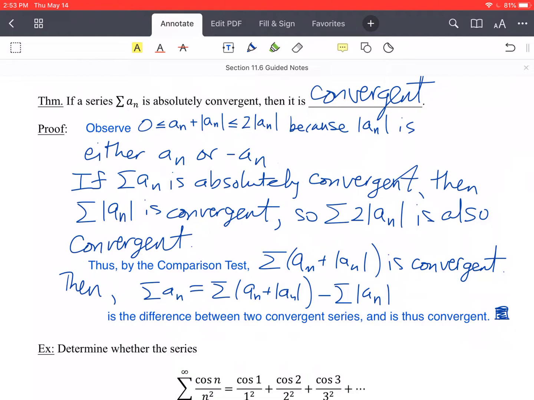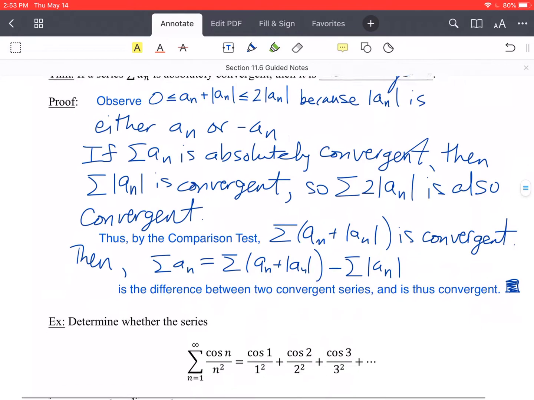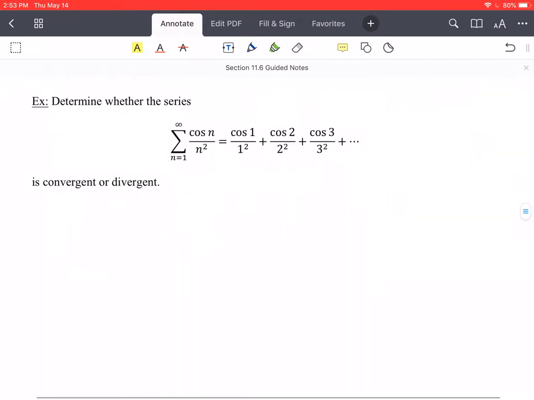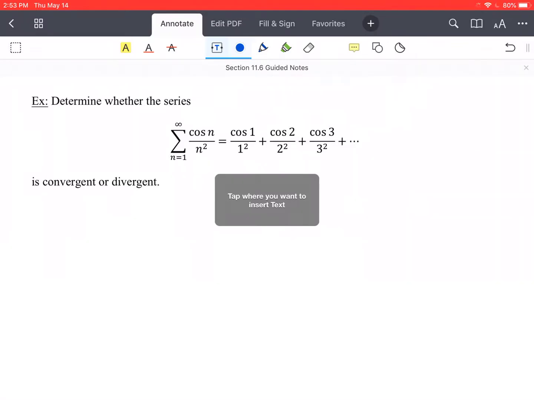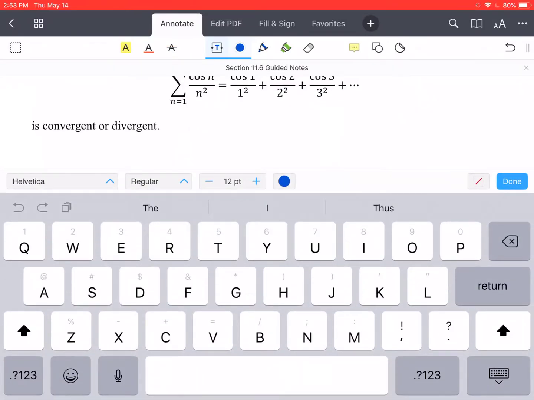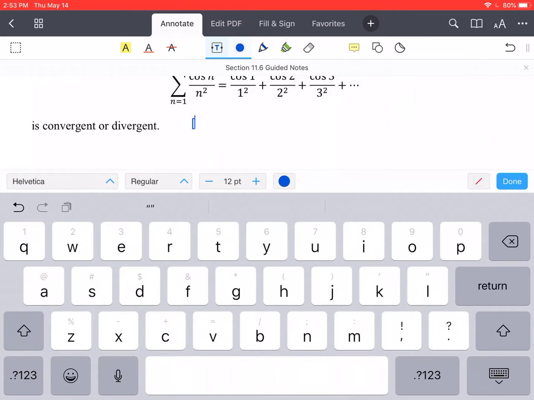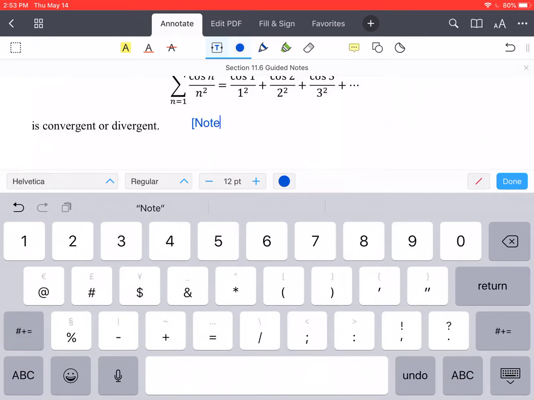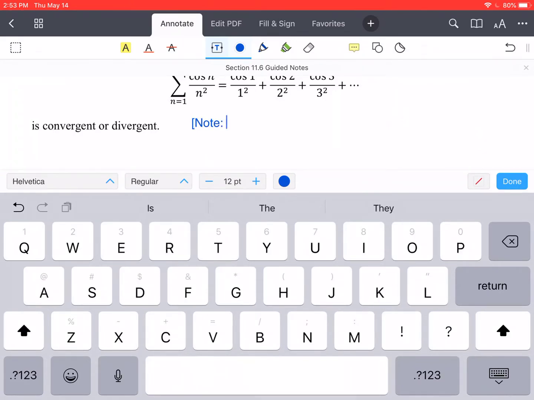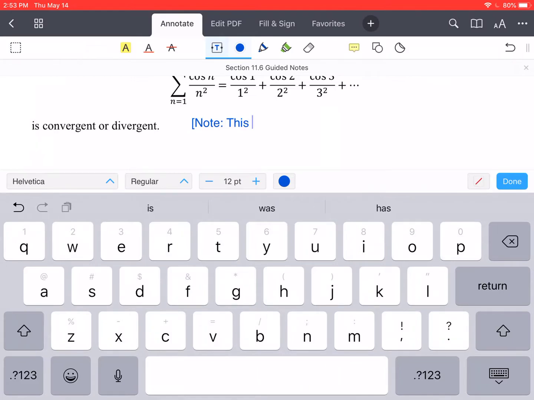So, and now this theorem can be very useful to us. So let's look at an example. Determine whether the series of cosine of n over n squared is convergent or divergent. Okay, so first thing I want to make a note about here is, now this series does have some positive and negative values.